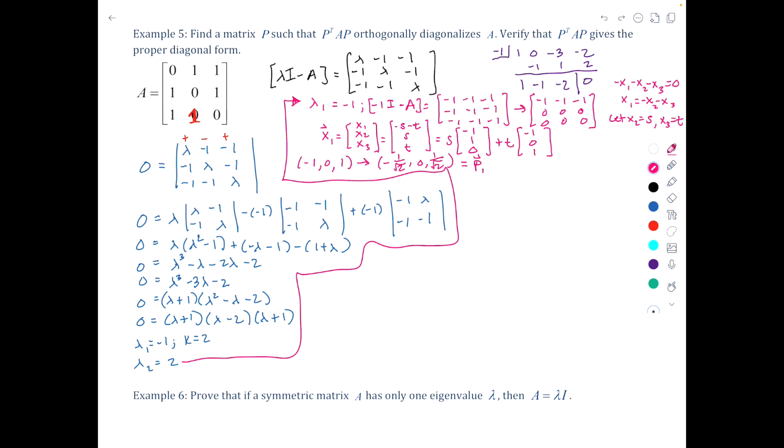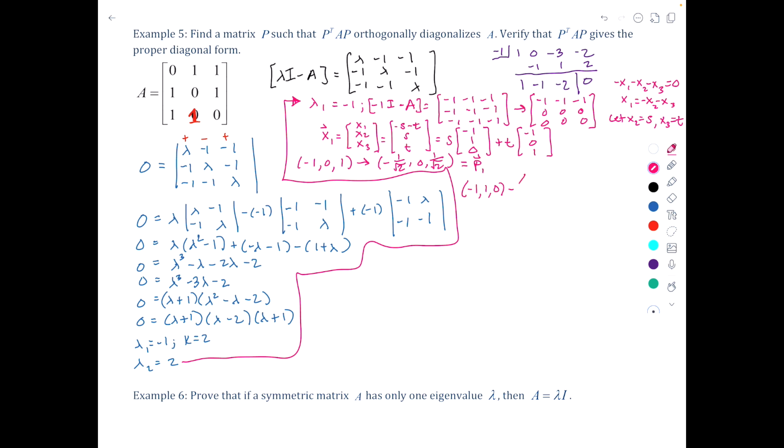Now, to get our second vector, we're going to basically use our first vector non-normalized. So you're going to use negative 1, 1, 0. From that, we'll subtract the dot product, that's the inner product space we're using, of this vector and the one before non-normalized.